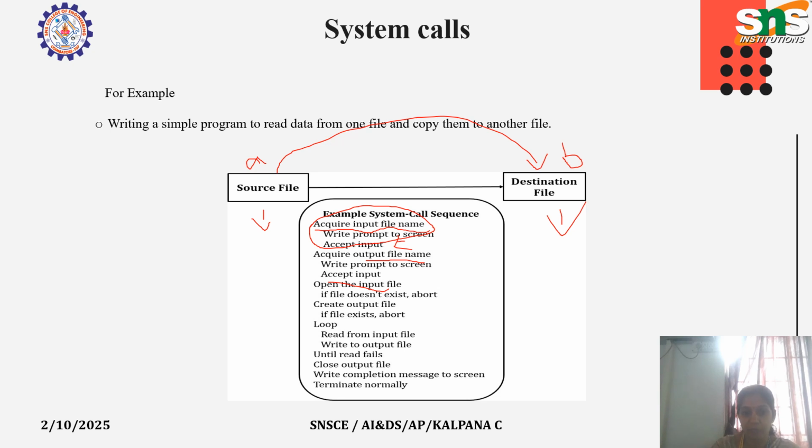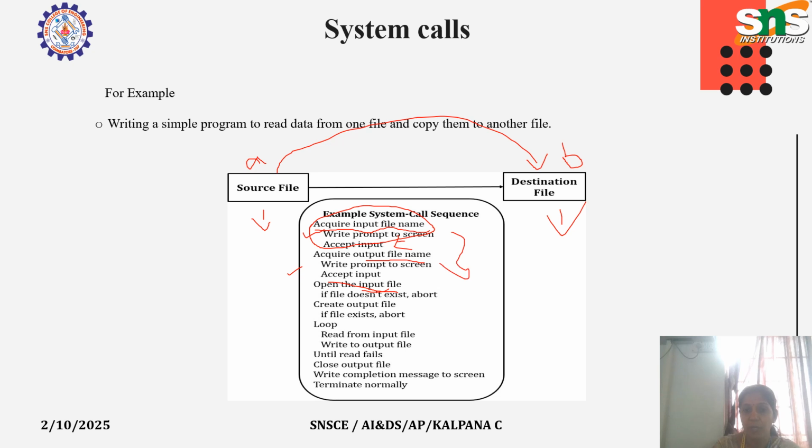Then open the input file. Once you have the source file and destination file names, the next thing we have to do is open the input file, that is the source file. If the file doesn't exist at all, which means it is not created, it is not there, we have to abort the process.